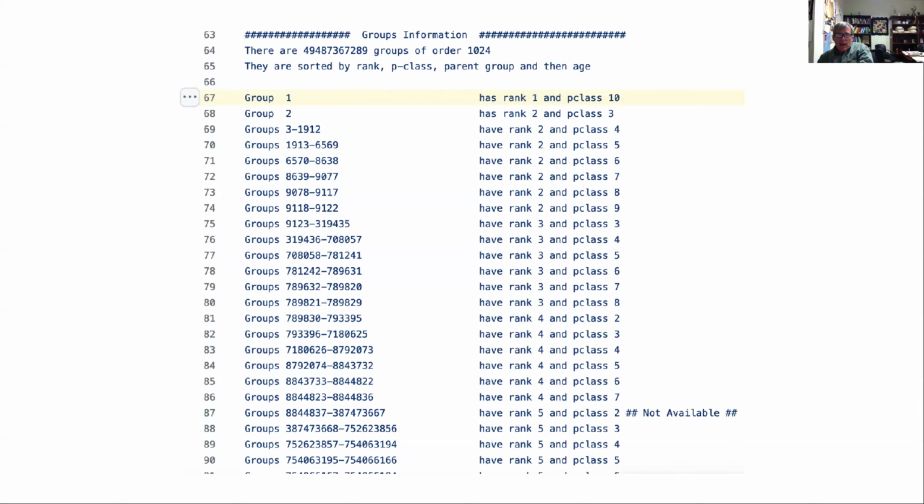Group 1 has rank 1 and P class 10. That's the cyclic group. There's one of those. And I think group 2 is the dihedral group. Okay, so we know those 2 don't have it. And then there are descriptions for each of those. And one of the things that she has started on, and I've started working through, I'm not nearly the group theorist that she is, so I have to look up what all these things mean.